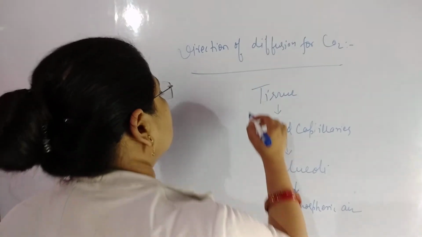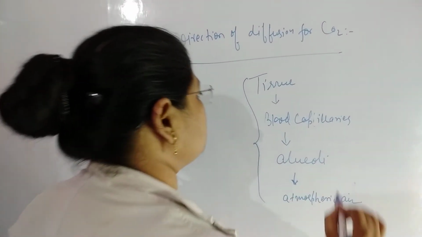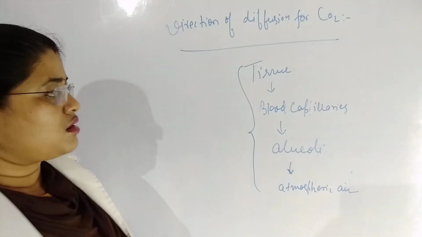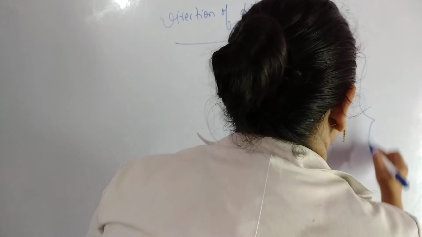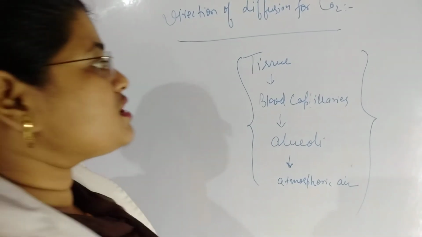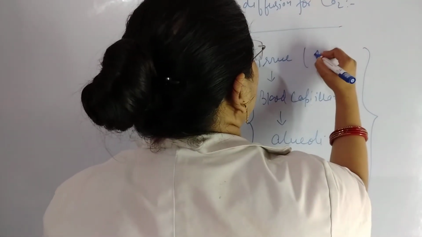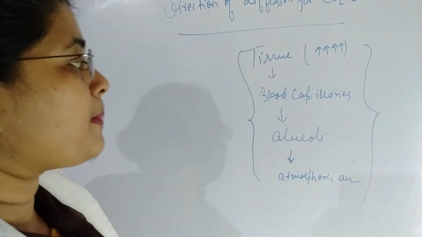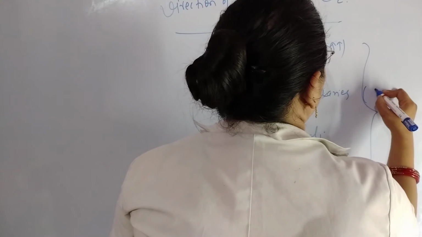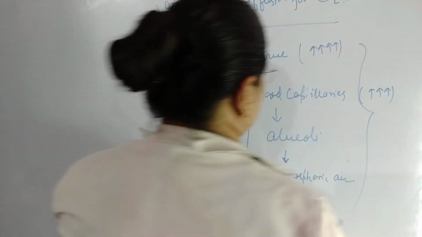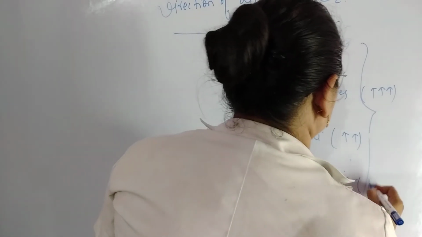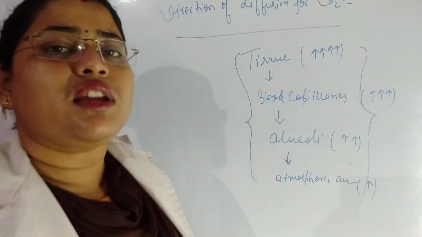So this is the direction of diffusion in case of carbon dioxide. CO2 concentration is maximum in tissues, then blood capillaries, then alveoli, lastly atmospheric air.